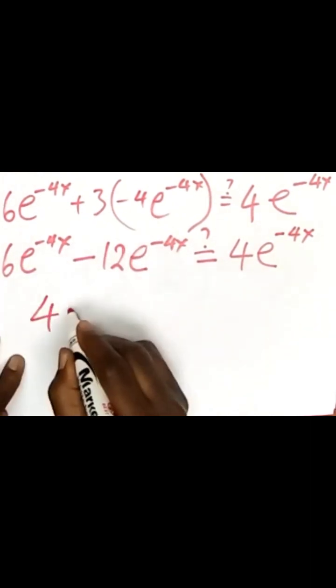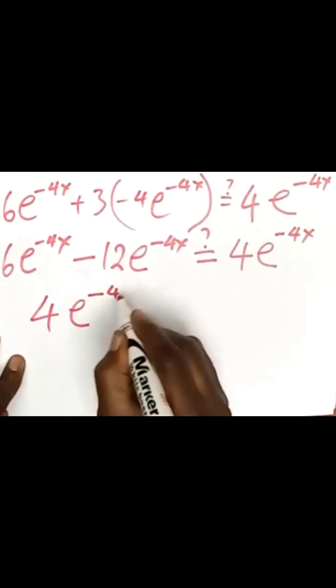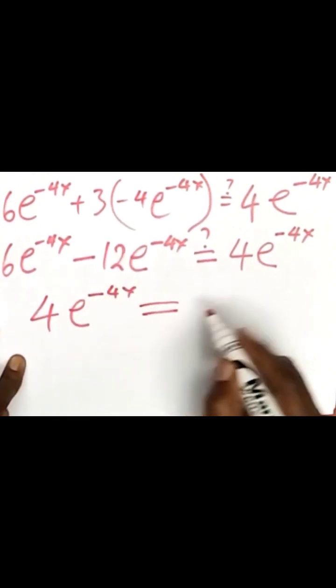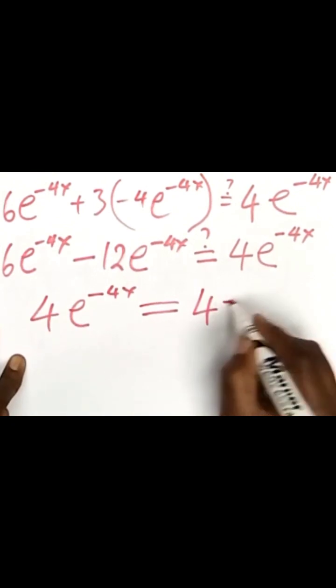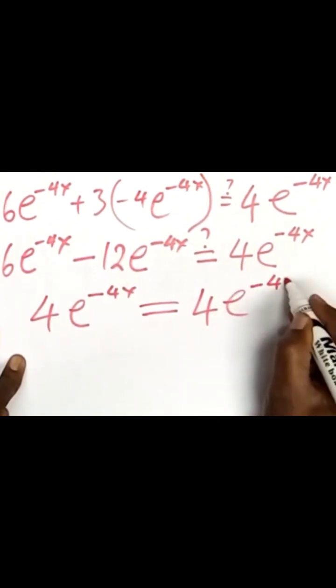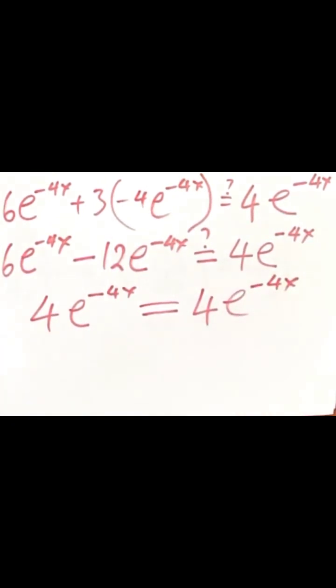So 16 minus 12 is 4 e raised to power minus 4x, which equals 4 e raised to power minus 4x. And we're done. Yes, we're only being asked to prove that the left hand side of the equation equals the right hand side of the equation, and we have proved that.